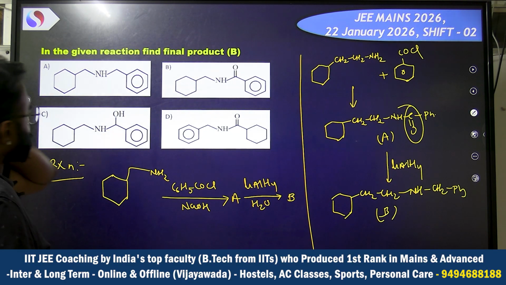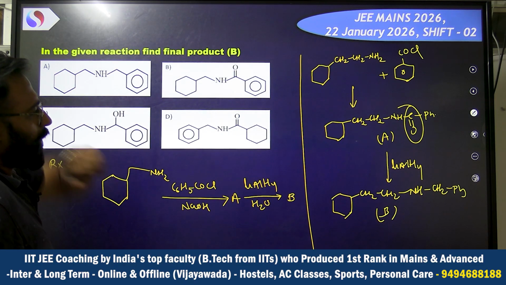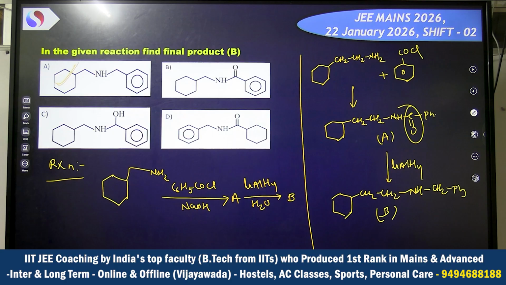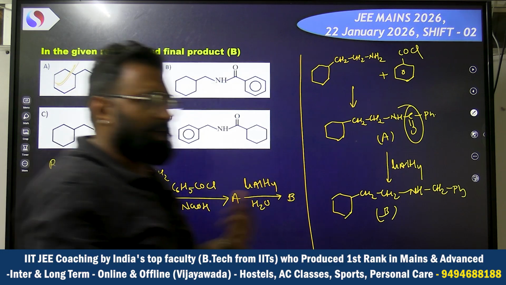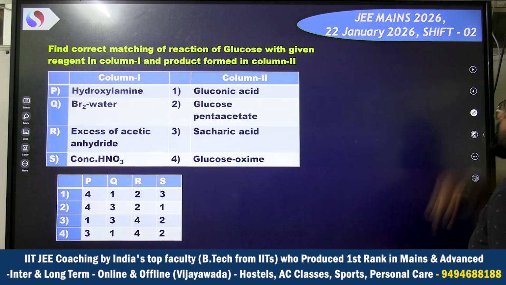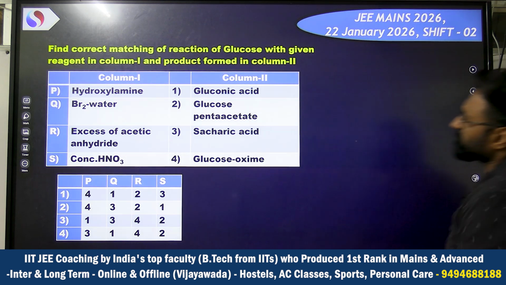I think option number A resembles the structure. So this is the correct answer. This is the reaction, and this is the product B. Okay? Let us proceed to the next.